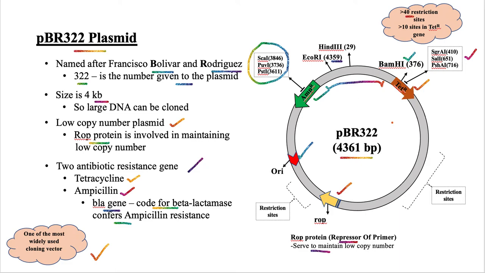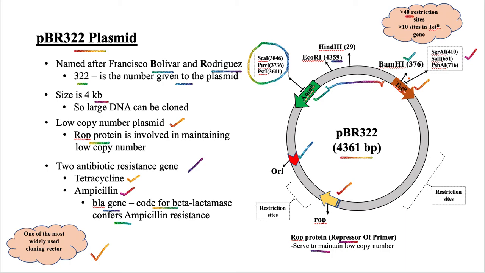So when we incorporate this plasmid into bacterial cells, those cells that have this plasmid, in which we have made the tetracycline resistance gene inactive by incorporating our gene of interest, will not be resistant to tetracycline.